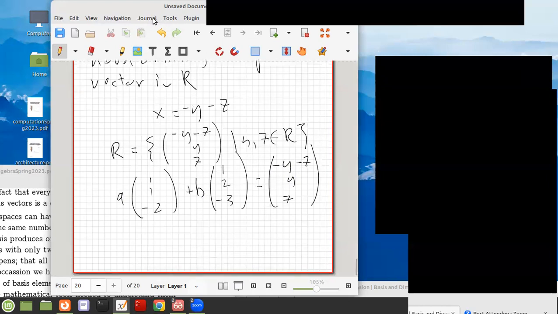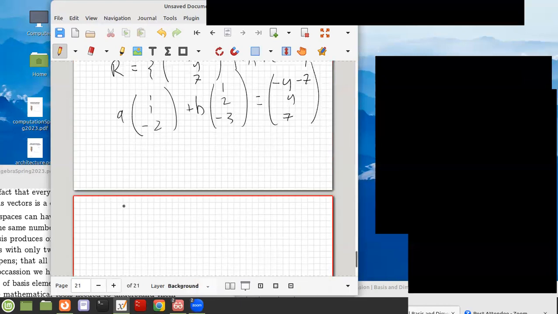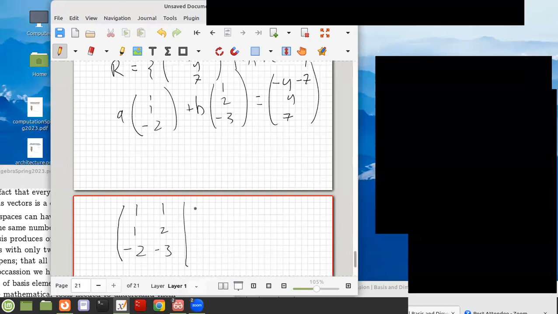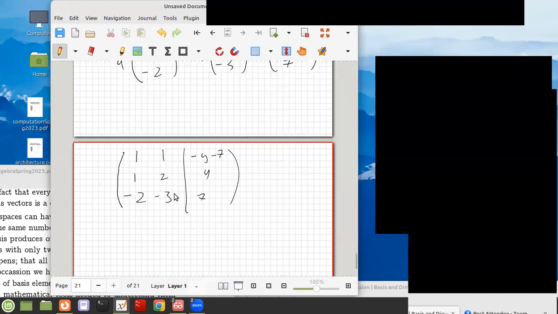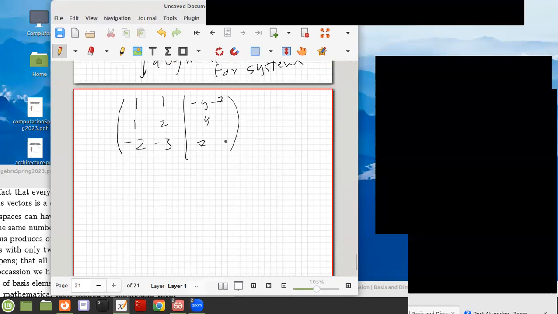Well, this is the vector form of a linear system, so we can immediately write down the augmented matrix for the system and solve it for a and b. Okay? Augmented matrix. Well, we don't have to worry about these.